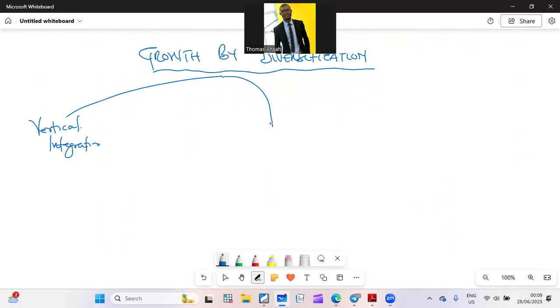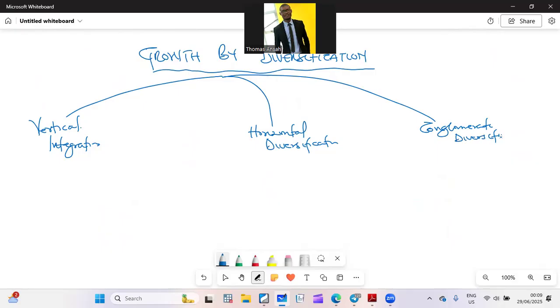Then we will look at what we call the horizontal diversification. And the conglomerate diversification. All right. So these are the things that we are trying to.